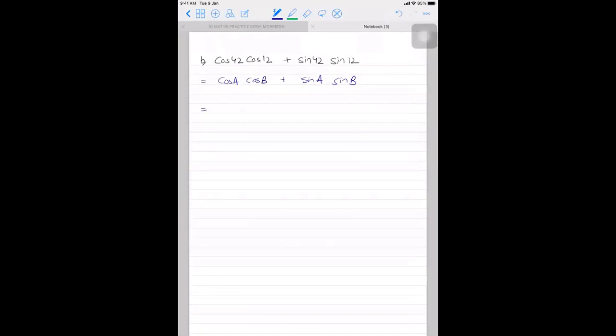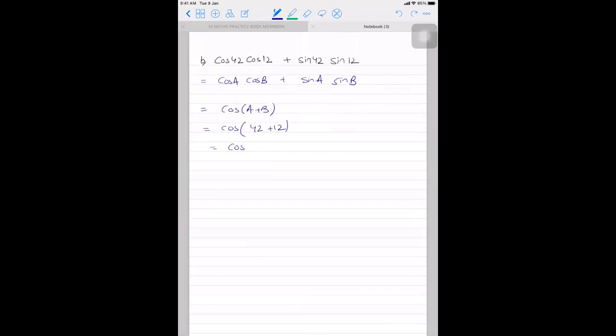Cos(A plus B) is cos A cos B minus sin A sin B. Yes, so cos of 42 plus 12 is 0.588.